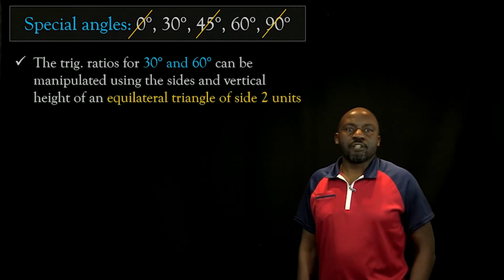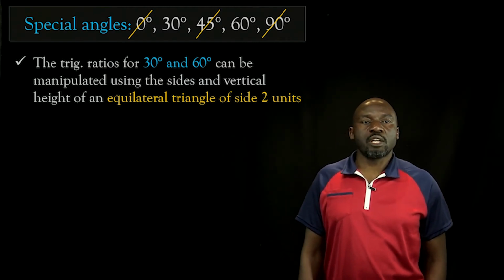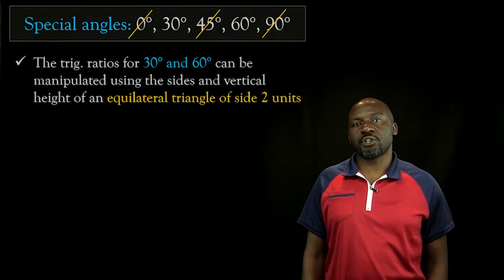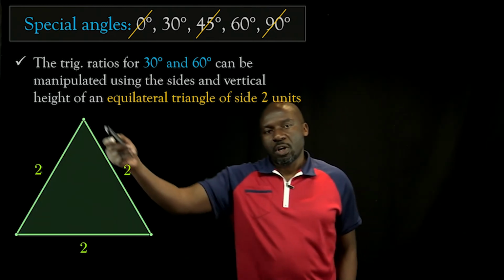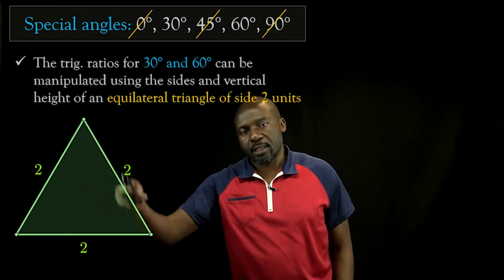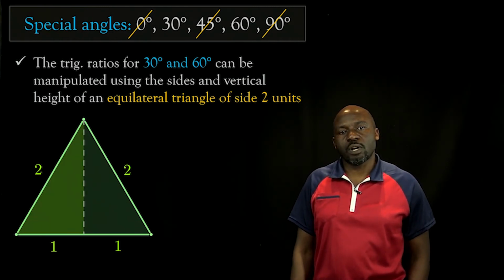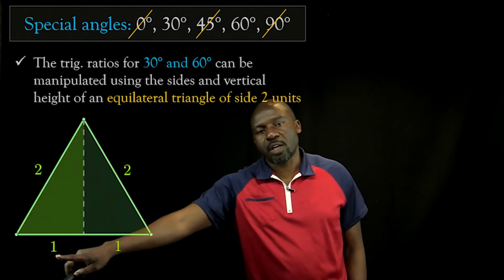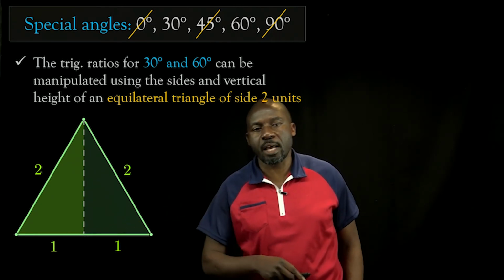Now, to find the trig ratios for the angles 30 and 60 degrees, we need to start with an equilateral triangle of side length 2, like that. What I'm going to do now is draw a perpendicular to cross the base in the middle. This is going to be 1 because the whole thing is 2, so it splits the base into 1 and 1.